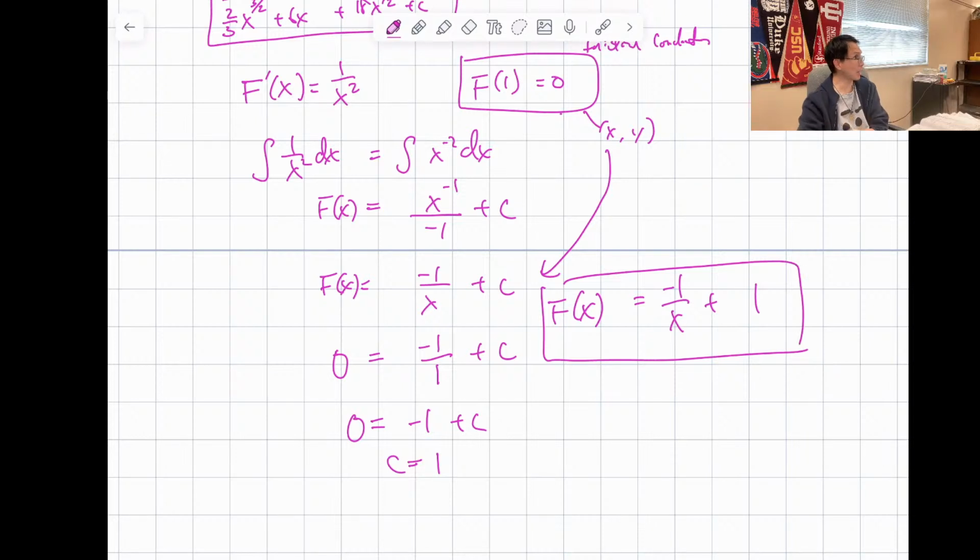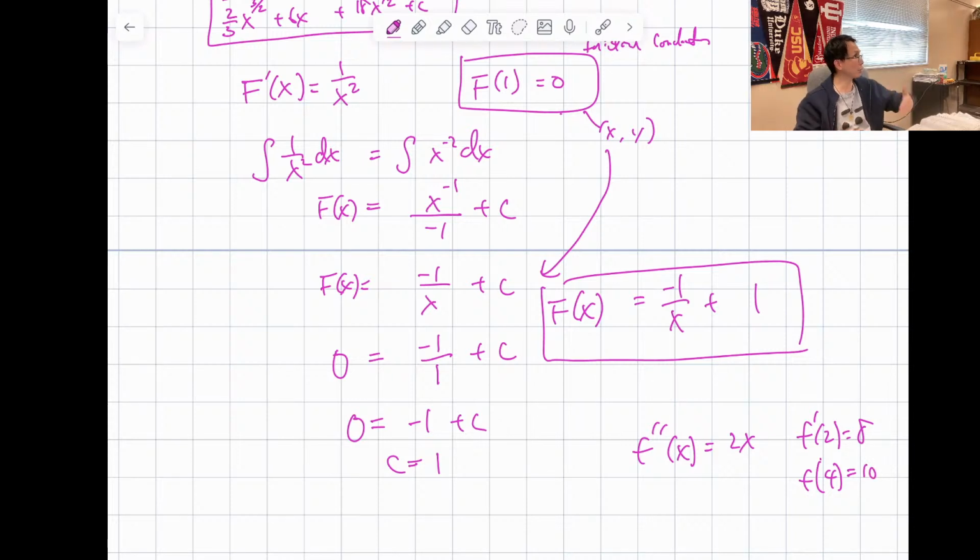Now, sometimes you might have to do it twice, because on your homework, there are questions that will give you f double prime of x. Let's say if you have this, I could have said f of 4 is equal to 8, and f prime of 4 is equal to 10.